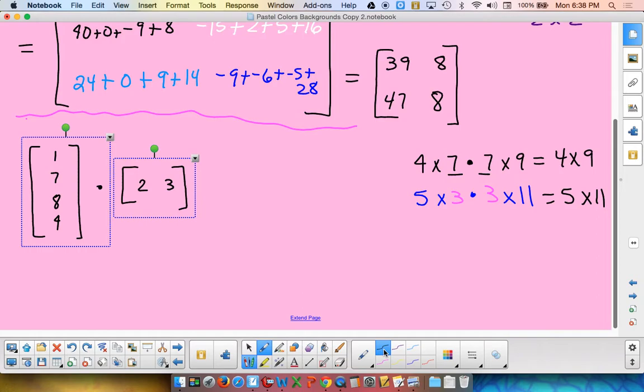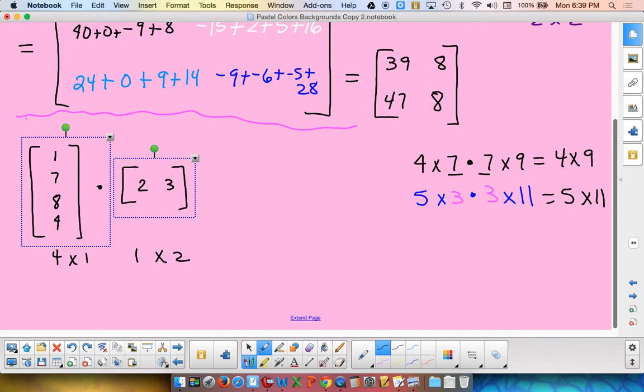Here I have 4 rows by 1 column. Here I have a 1 row by 2 column. So is this possible? These are such puny little matrices.